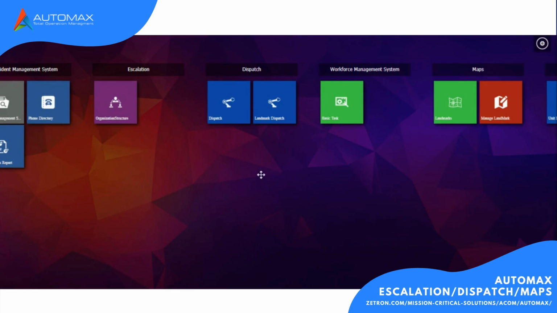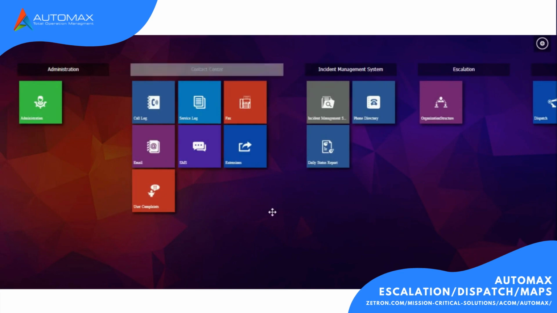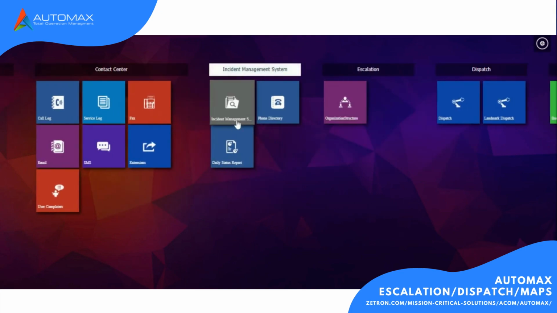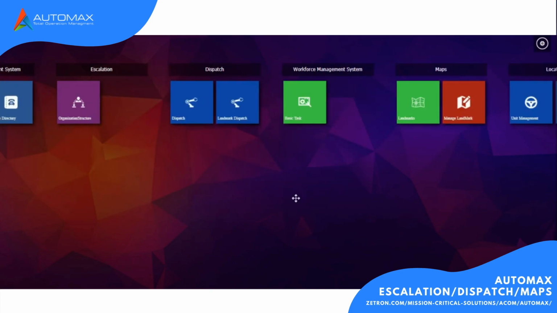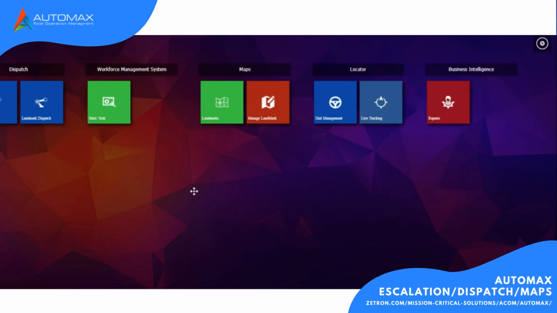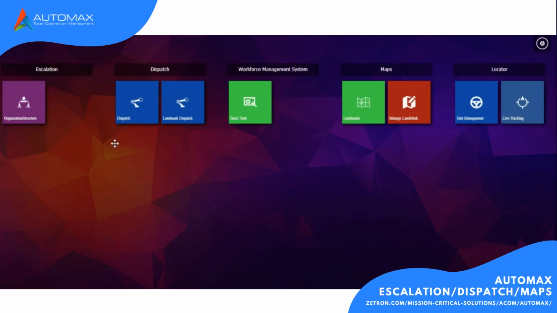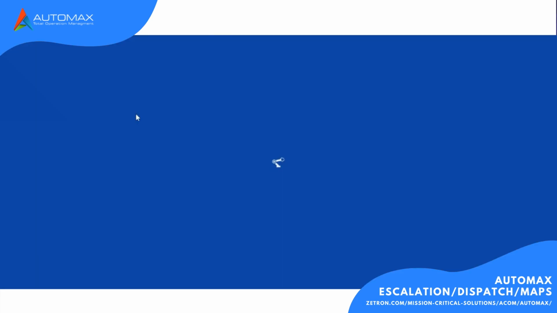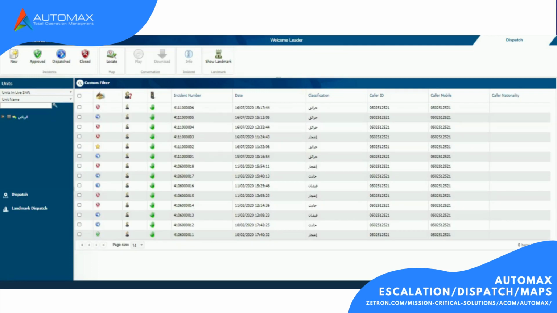In this scenario, the incident will be created from the IMS screen, and the dispatching will happen from the dispatch module. An overview of the dispatch screen: we will have all the incidents listed here, of course based on the permission of the user.